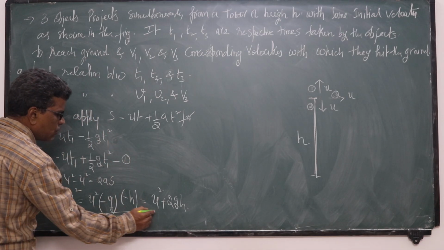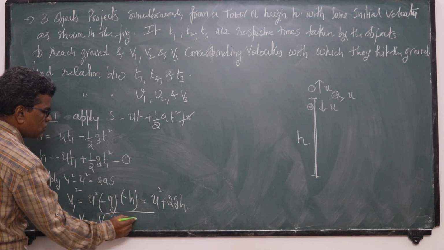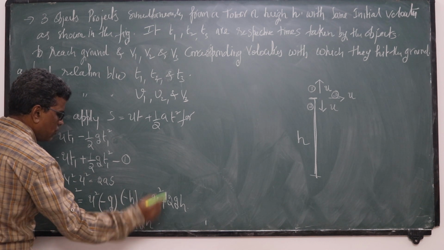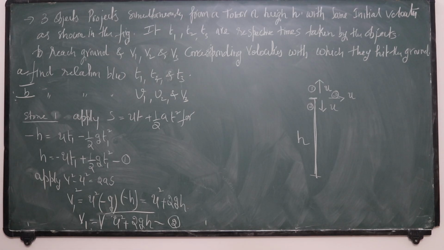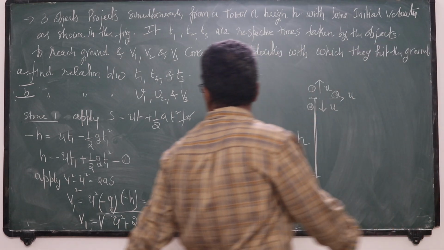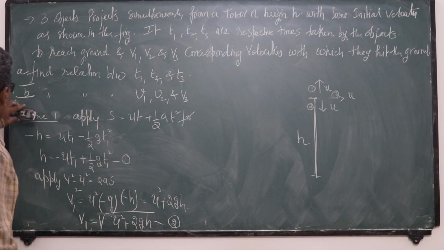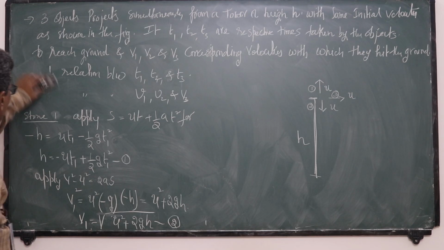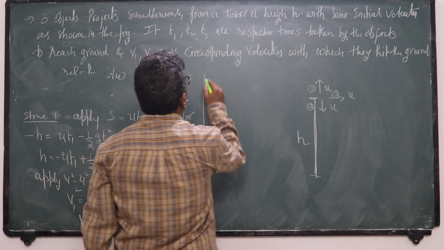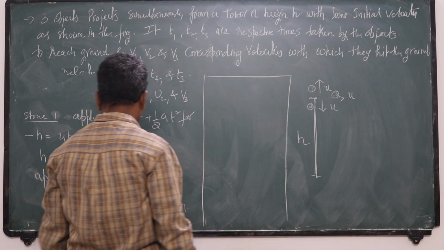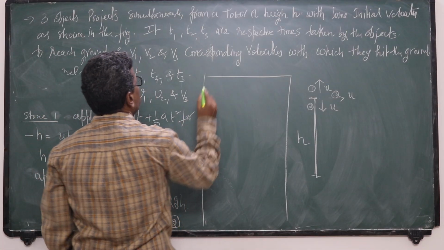I call it equation 2. With this velocity it strikes the ground. This is for stone A. Similarly you apply for stone B. So I will write here for stone B.